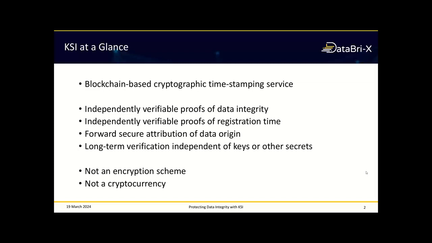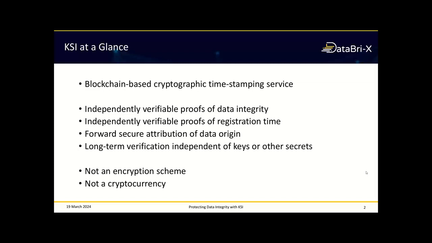The timestamp token from KSI also provides independently verifiable proof of registration time. So it can be verified when the data item was timestamped, and this establishes a time during which you can prove that the data was not changed.